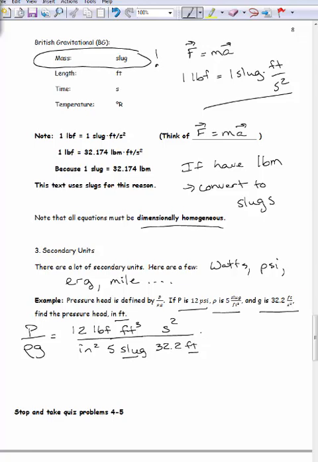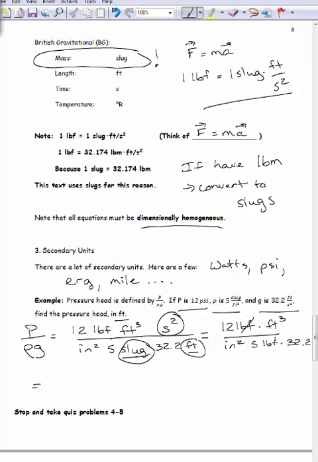So I can just say, okay, slug foot per second squared is going to convert into a pound force. So let's go ahead and do that. 12 pound force times foot cubed over inches squared times 5, and I'll just go ahead and put in pound force there, times 32.2.